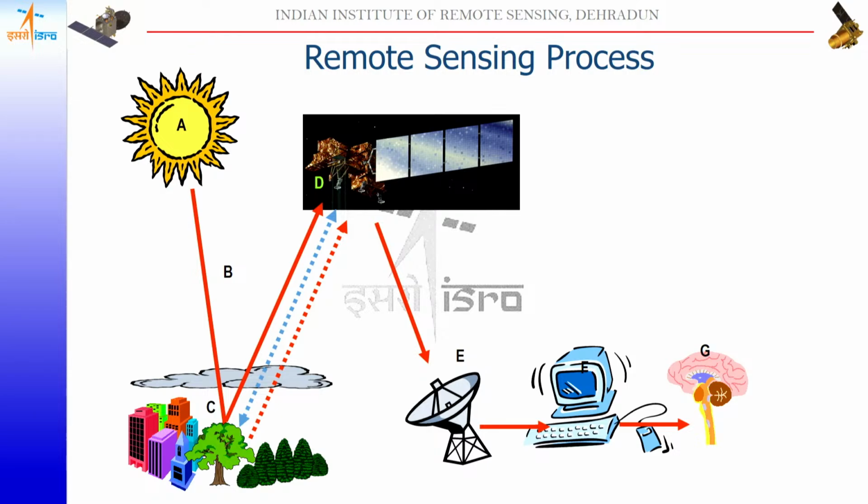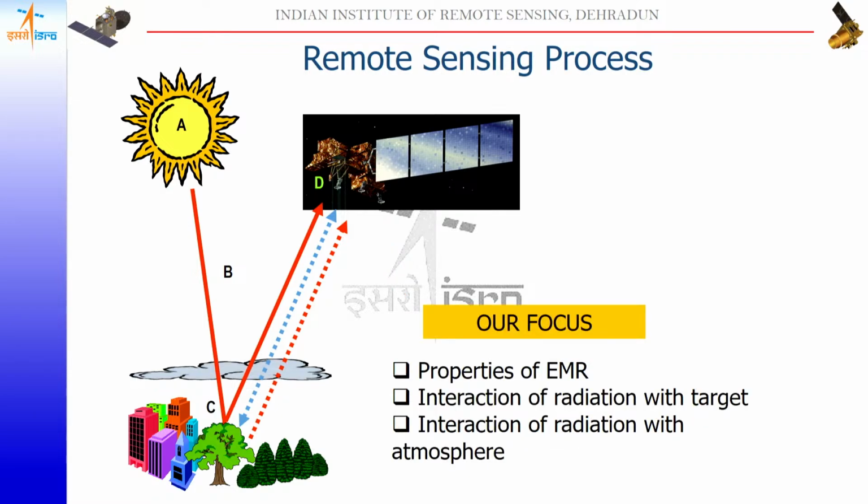Once we have understood the three basic questions, that is what, why, and how, let's see the next focus of today's class. We will try to learn the properties of electromagnetic radiation, because it is the electromagnetic energy that we are going to sense.